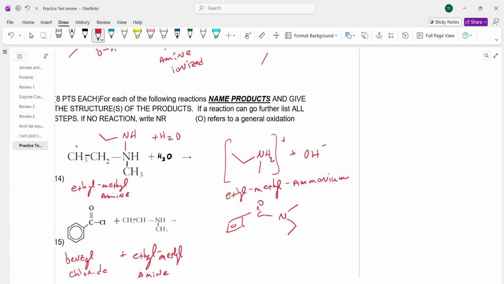And that's going to be N-ethyl-N-methylbenzamide.